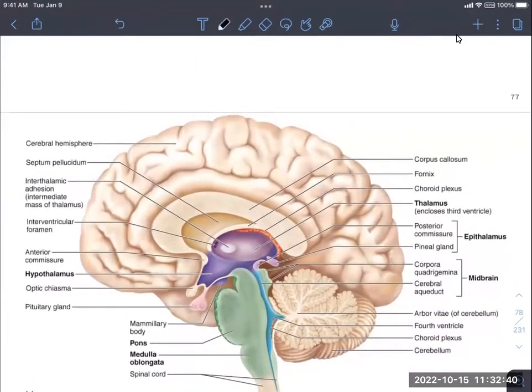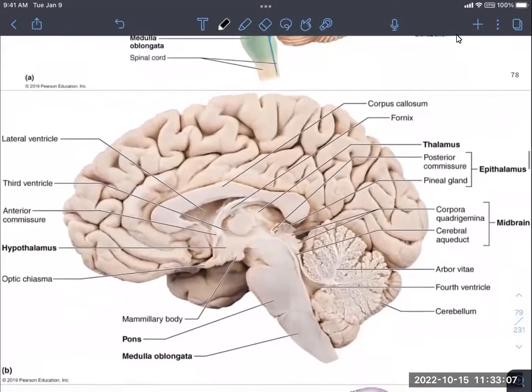Well, here is that pineal gland in the back portion of that epithalamus. Along with that hypothalamus, this whole area tells you you're hungry or you're full, you sleep, you're thirsty, you're not. All of that comes from there.